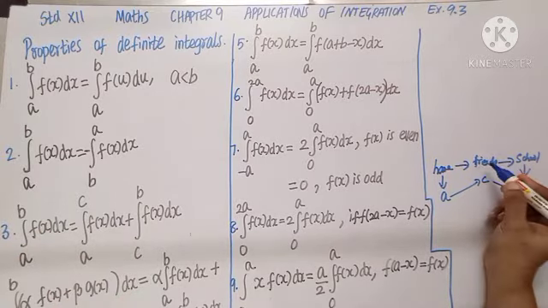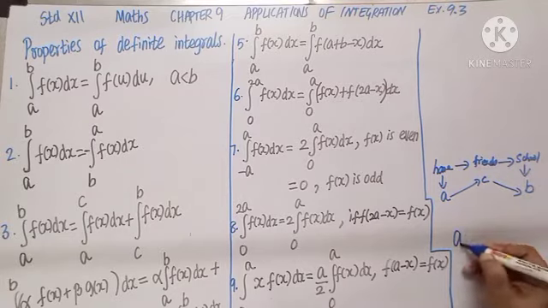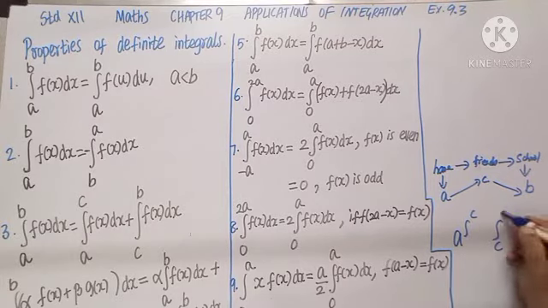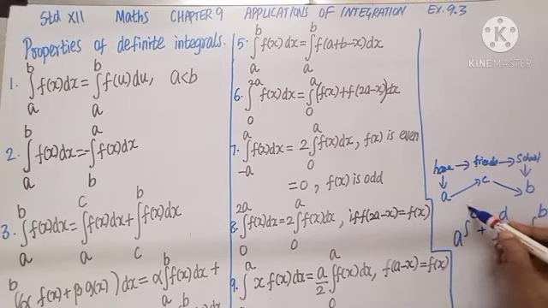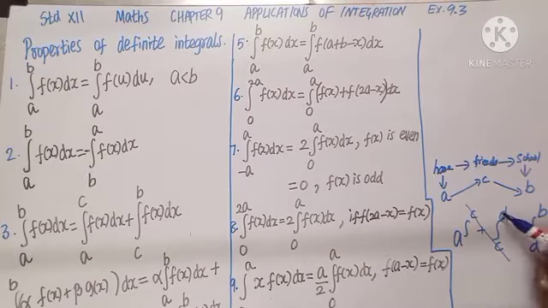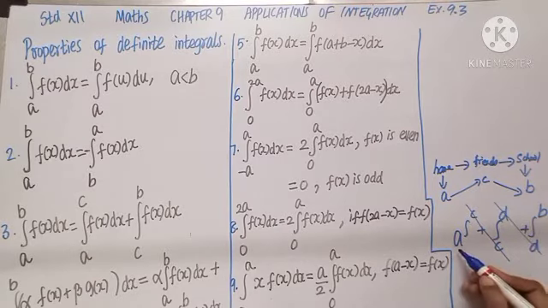Not one friend. You can have many. A to c, c to d, d to b. Like this also I can write. If I introduce an upper limit, you introduce a lower limit, and it gets cancelled. Ultimately, I will have a starting, b ending.